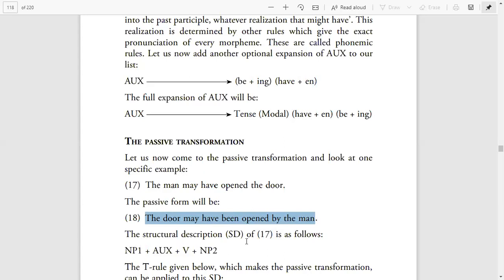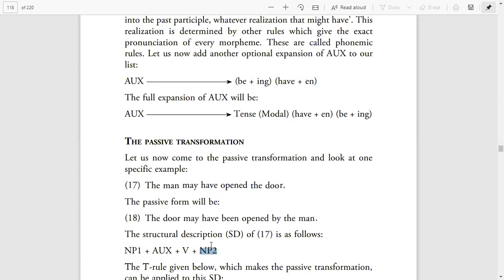So the structural description for 17, we discussed this passive structural description in yesterday's lecture, right? So what is the structural description of sentence number 17? First of all, we have noun phrase, NP1, and then we have auxiliary, and then we have opened, our verb, and here the auxiliary is denoted by may have, and then we have opened, that is verb, and the door is again noun phrase number 2.